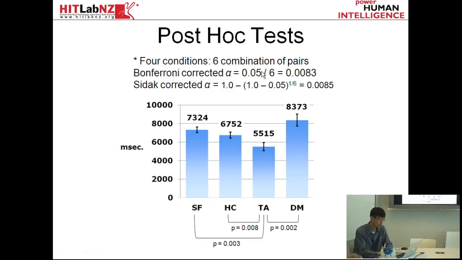In this case, with 4 conditions there will be 6 pairs to compare, and that makes the alpha level 0.0083. So among the p-values printed out for all pairs, only those lower than 0.0083 are significant results.